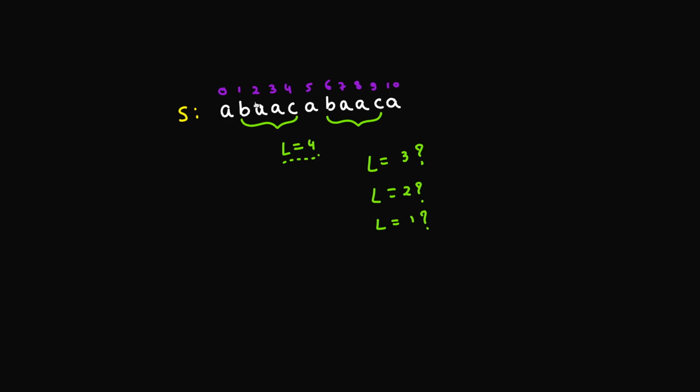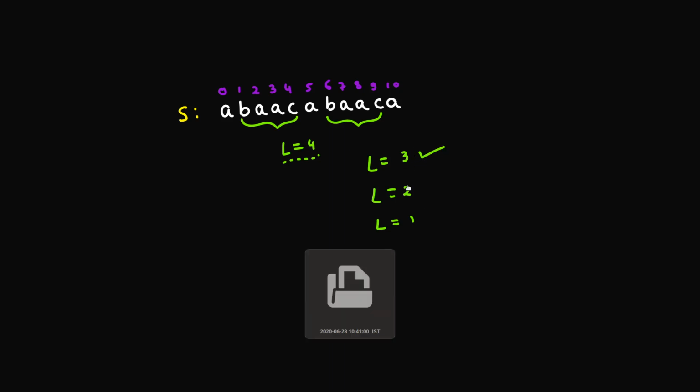In fact, this BA of length 2 will repeat as well, and even the single length substring B will repeat as well, right? So what can I say about the smaller lengths? Well, I can say that if a substring of length 4 repeats, then definitely substrings of length 3, 2 and 1 will repeat as well. So we'll definitely find length 3, length 2 and length 1 substrings repeated as well.